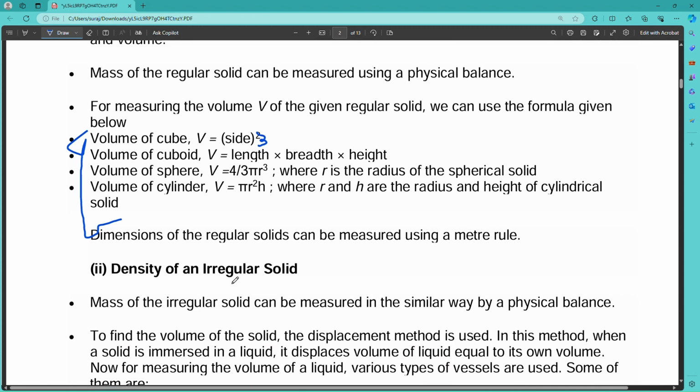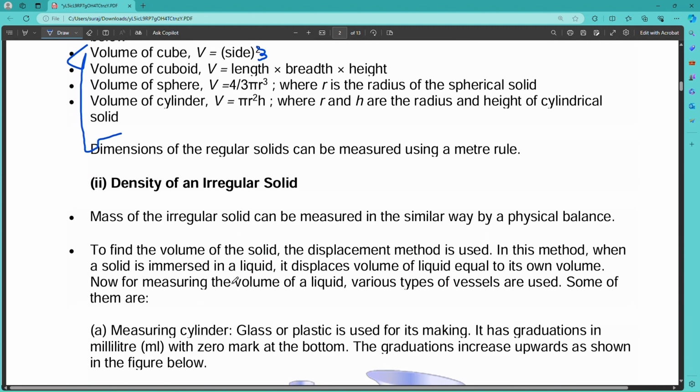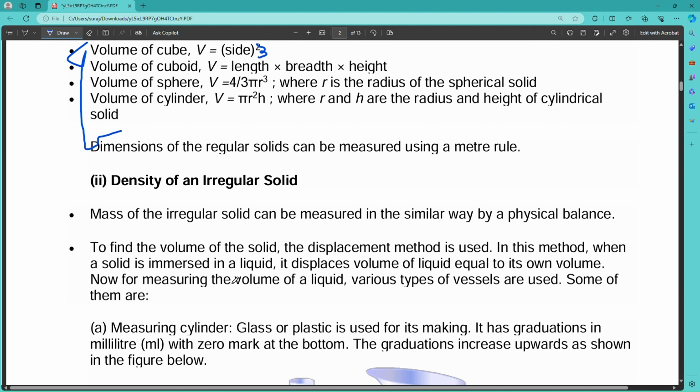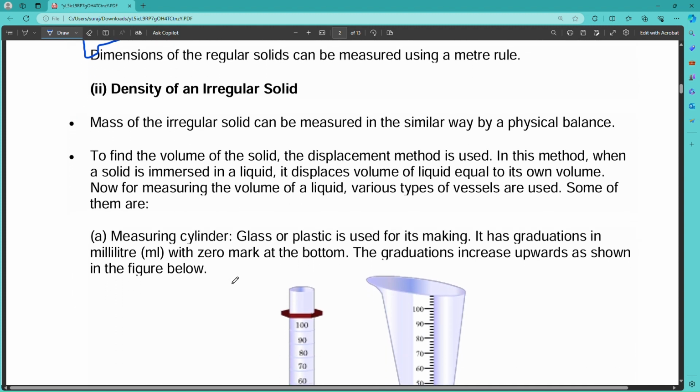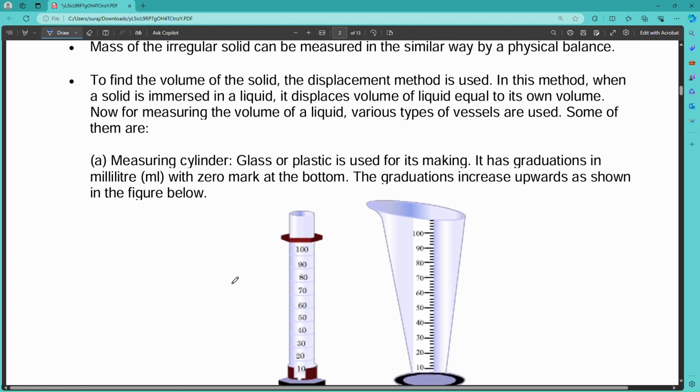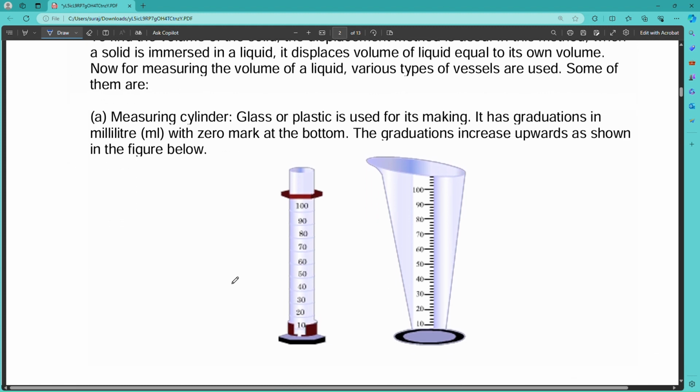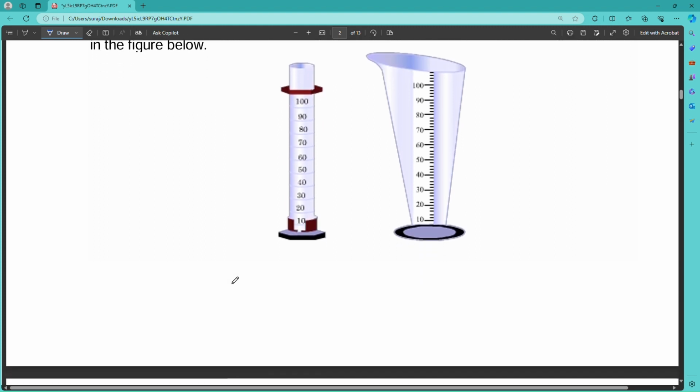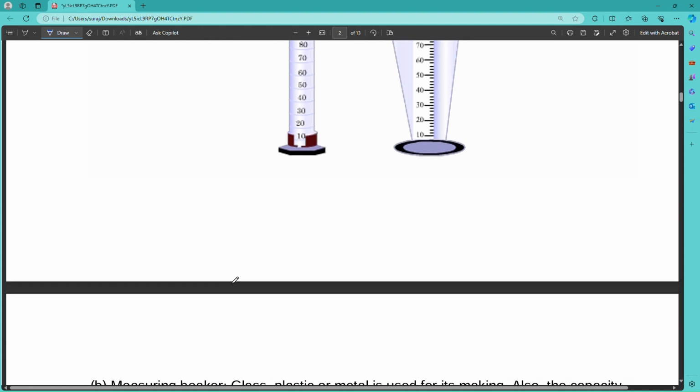In the case of irregular solids, we use some devices or instruments to calculate the volume, for example measuring cylinders. Using a measuring cylinder we can calculate the volume. In the case of a liquid, we cannot use formulas like those for a cuboid or cylinder, so we use measuring cylinders to calculate the volume, and mass is found simply by the weighing machine.